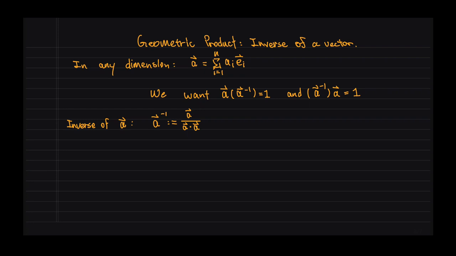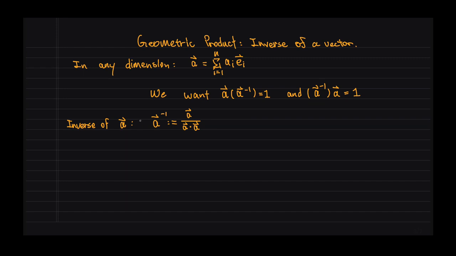And then what we want is to construct the inverse vector of a, such that vector a geometric product with inverse a equals 1, and inverse a geometric product with a is also equal to 1.